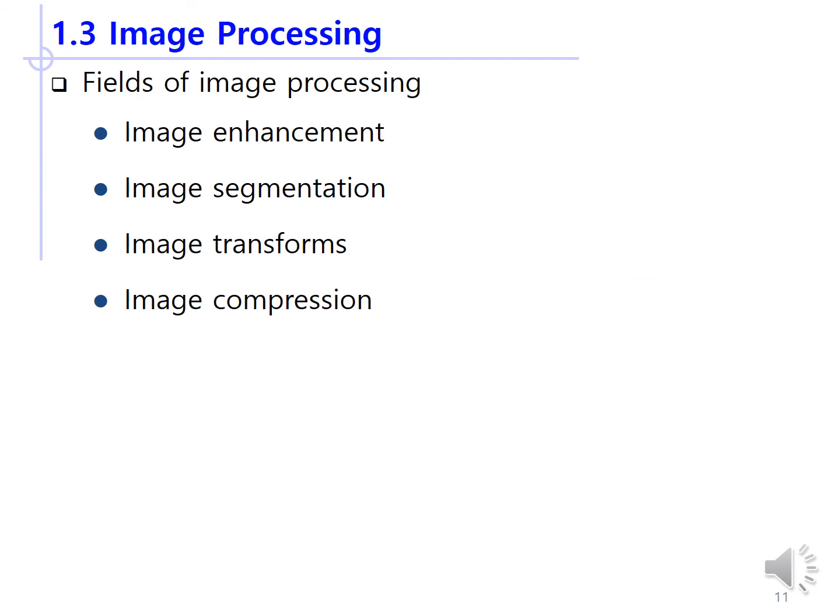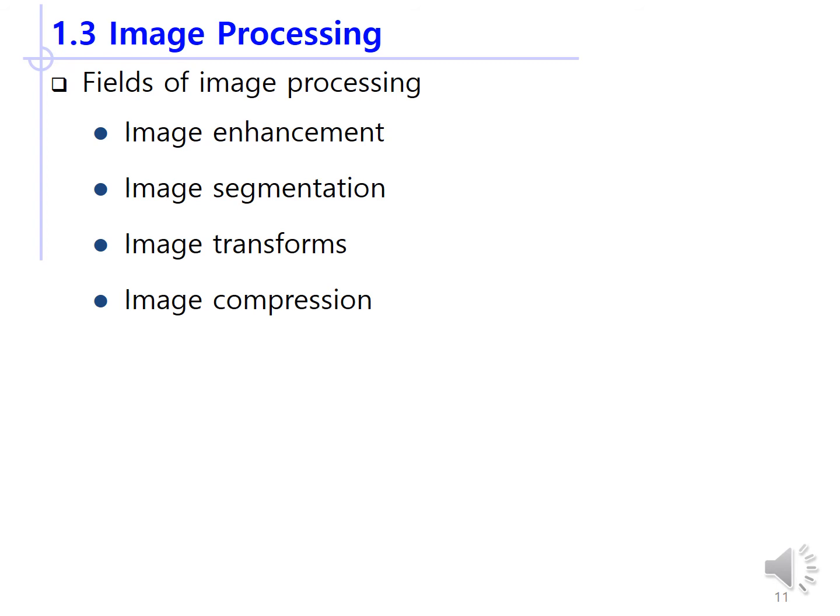In order to get a better result from the object recognition process, the input image should have high quality. So in order to get a high quality image from the original image taken from the CCD camera, we should apply image processing to the original image.